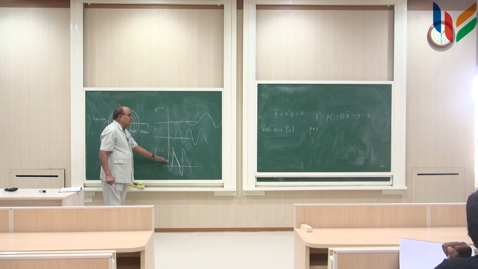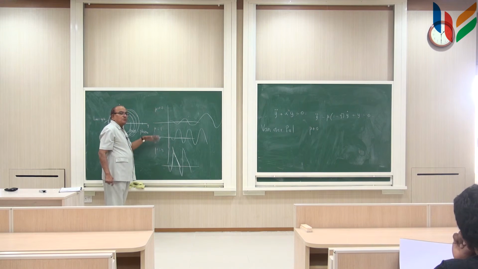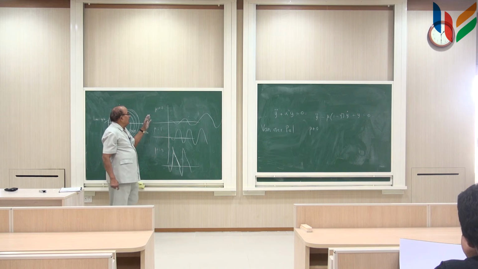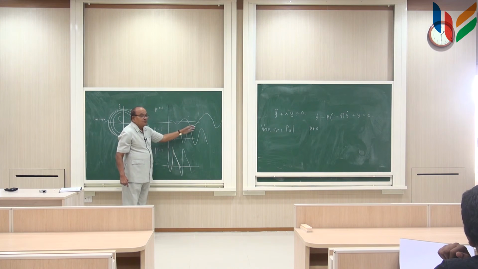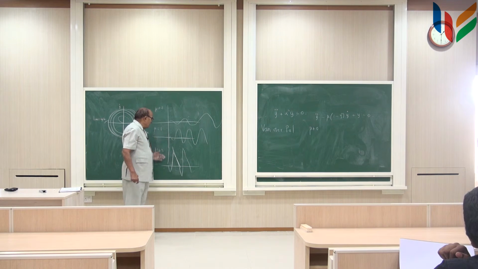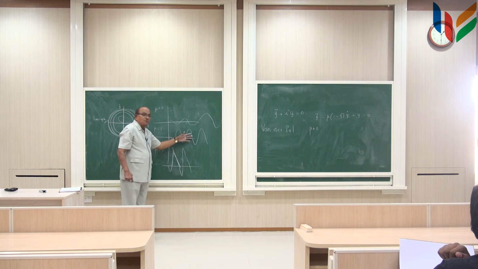There is another observation you must make in this. Depending upon the value of this mu, which represents the nonlinearity, if mu is very small, it will take a lot of time for this to stabilize. If mu goes on increasing, it stabilizes pretty fast.